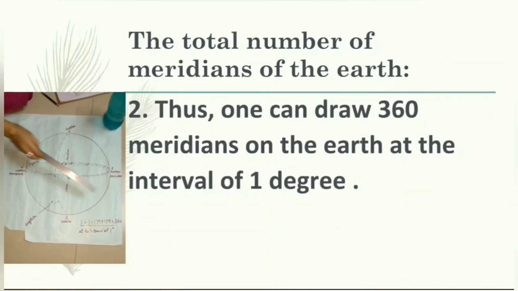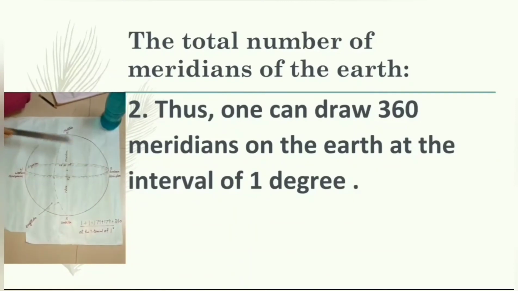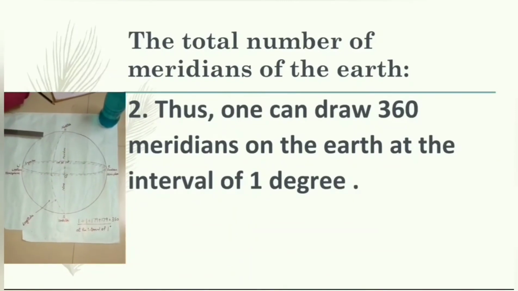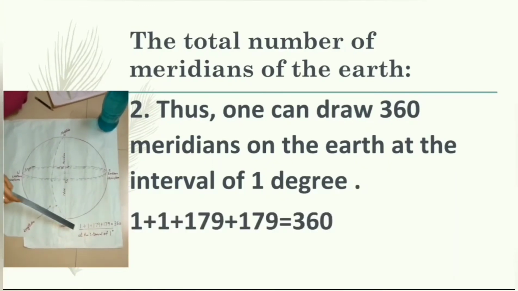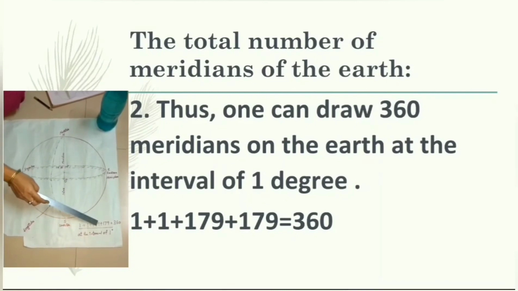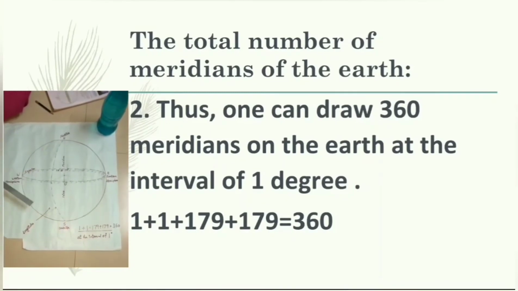How many? 360 meridians on the earth at an interval of 1 degree. How does it come? 1 plus 1 plus 179 plus 179.